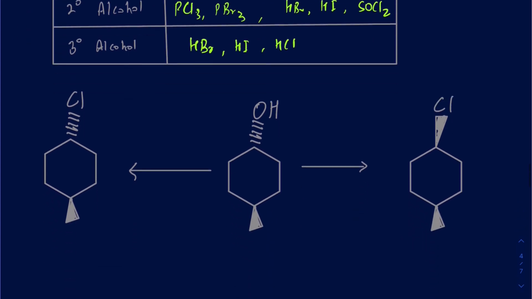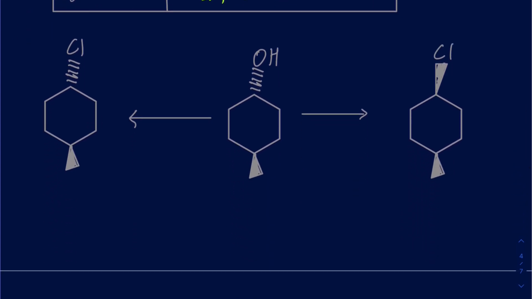So I got a couple of these examples here. Let's say I have in the middle this secondary alcohol, and on the right side, I'm making an alkyl halide where this chlorine is actually coming out of the page. So there is a flip in the stereochemistry, where the OH was actually going back into the page, but now this chlorine is coming out of the page.